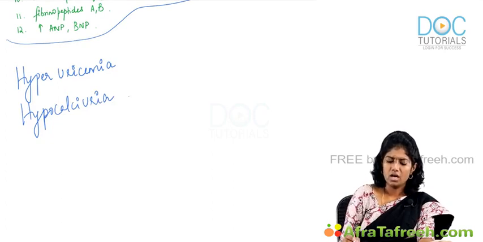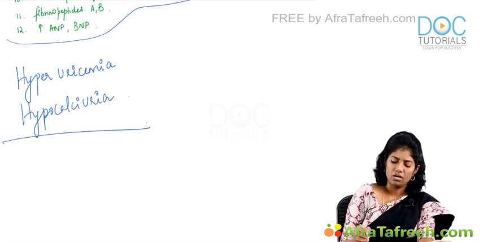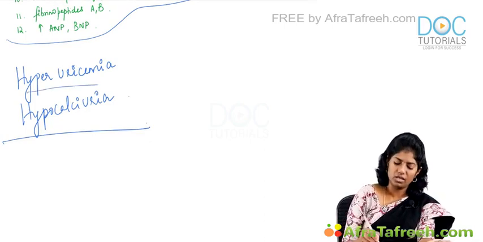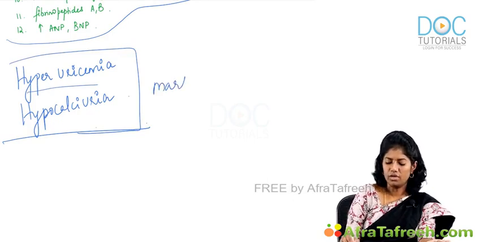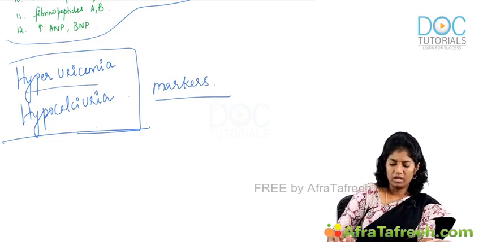Excessive uric acid levels in the serum, or decreased excretion of calcium in the urine, both of them act as markers of preeclampsia.